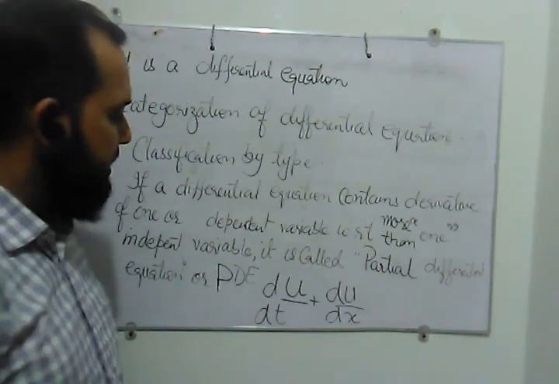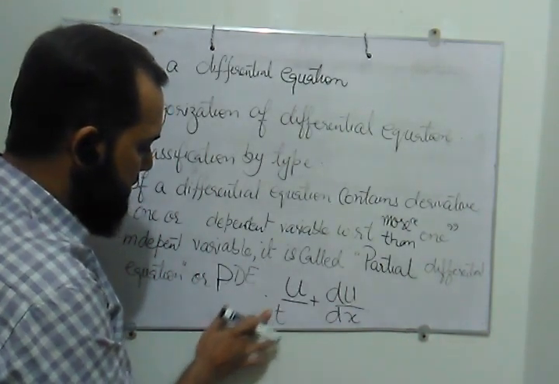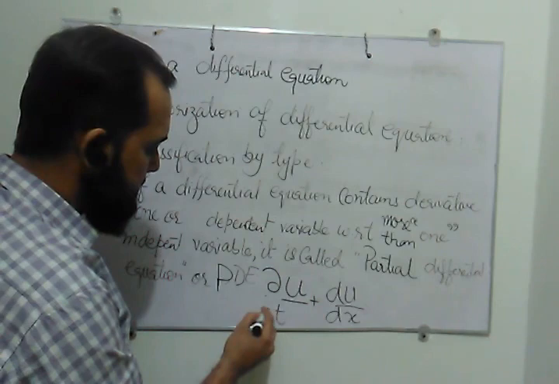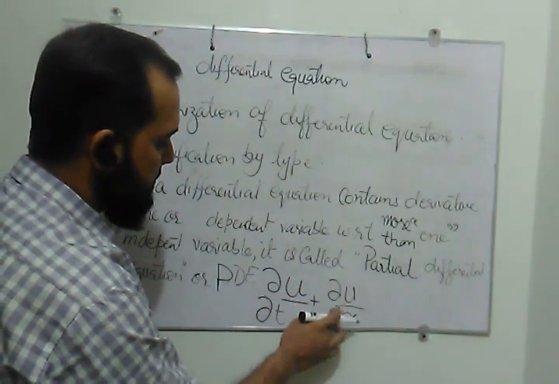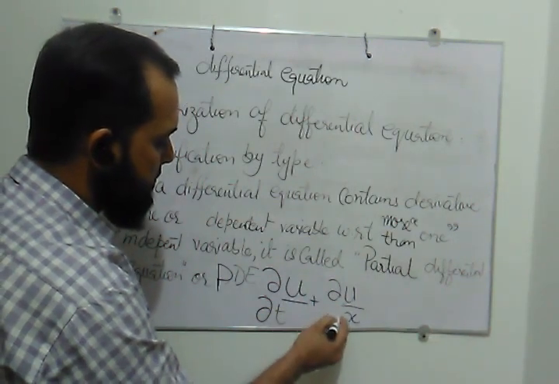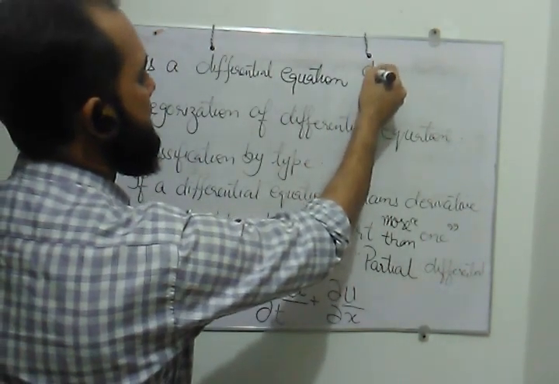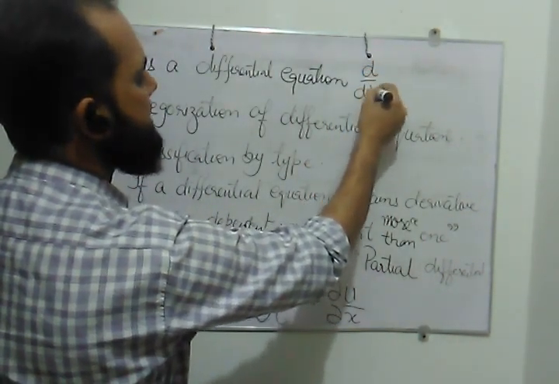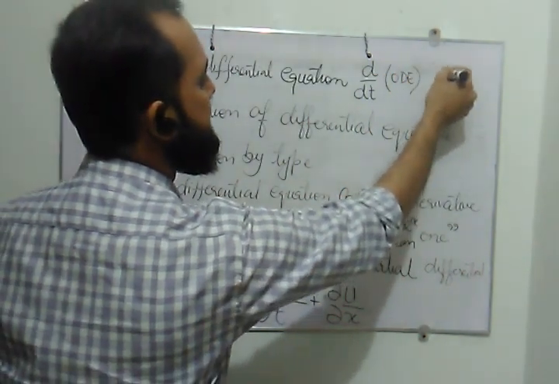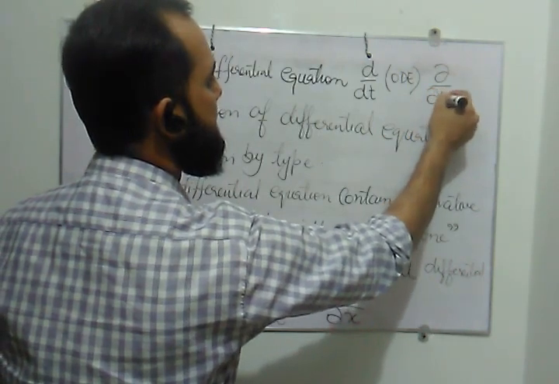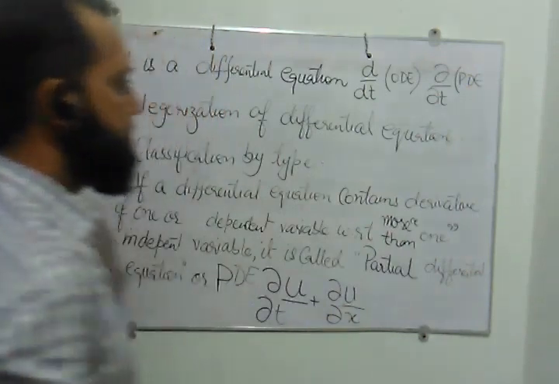In a partial differential equation, we do not use a simple d. We use a curly special d. This d is for ODE, and this curly d is for PDE, partial differential equation.